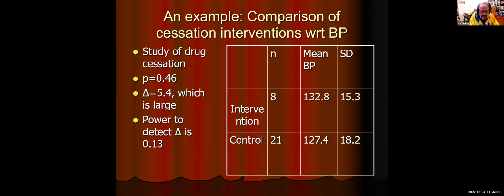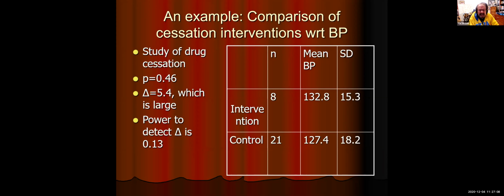And so you see here that there is a difference between the two groups in this study of about 5.4 units in terms of the mean blood pressure. And the p-value is quite large, it's 0.46.